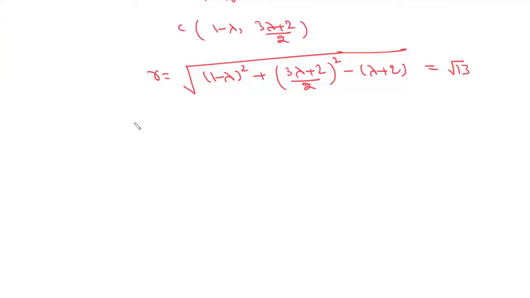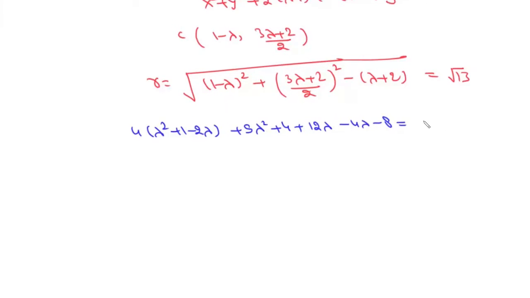Now we square it, we can write this as 4 lambda square plus 1 minus 2 lambda plus 9 lambda square plus 4 plus 12 lambda minus 4 lambda minus 8, equal to 4 into 13.